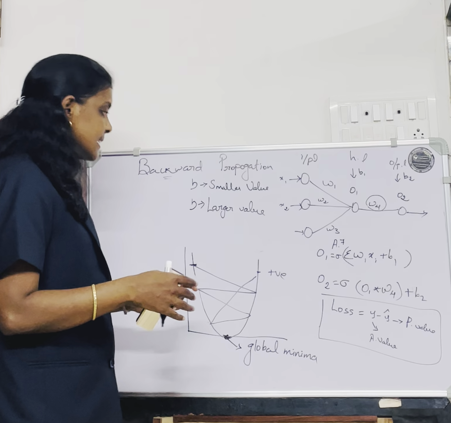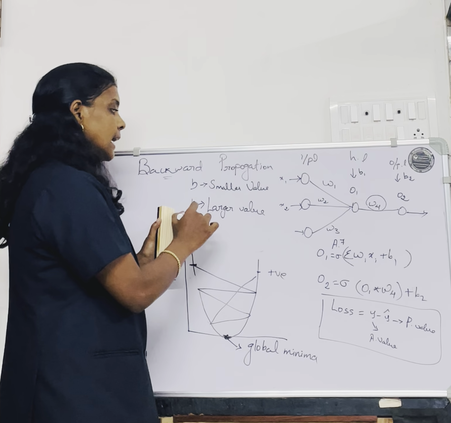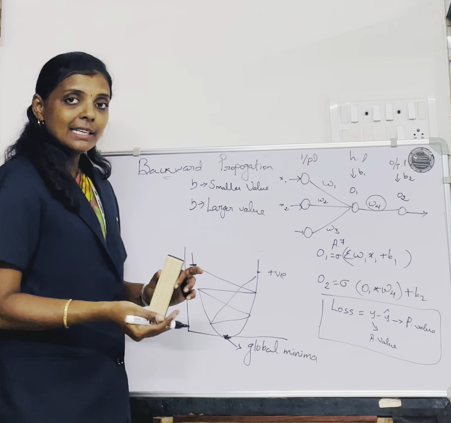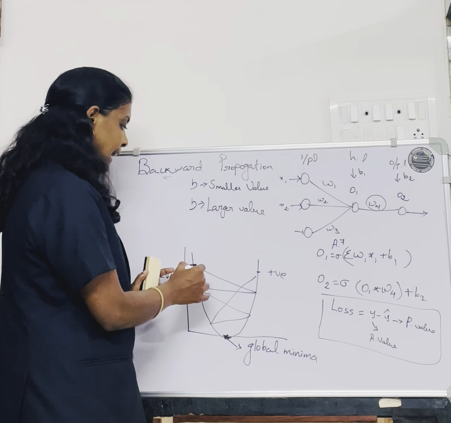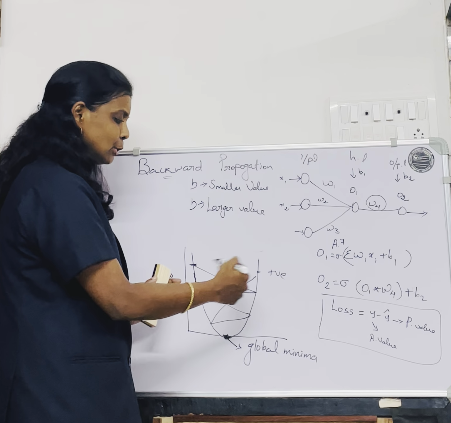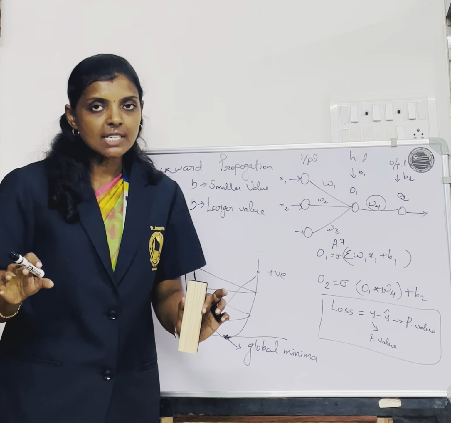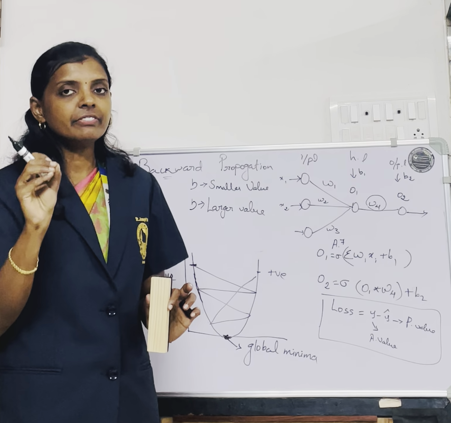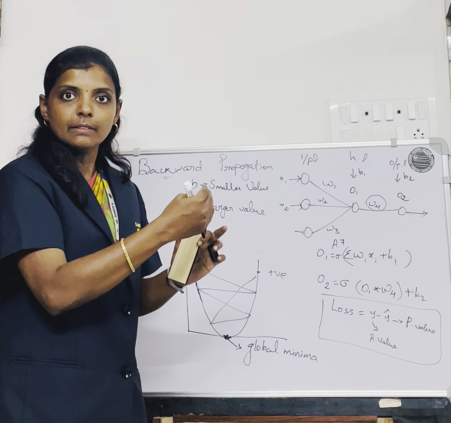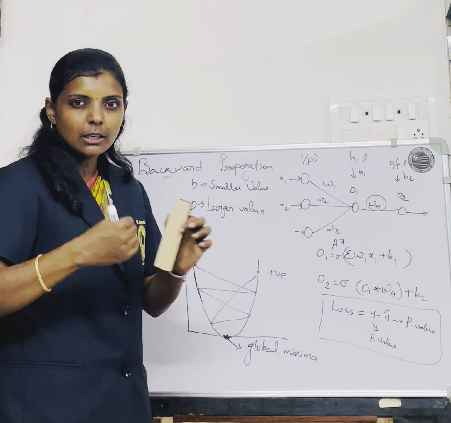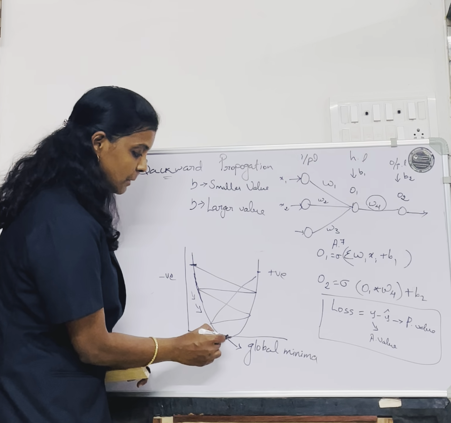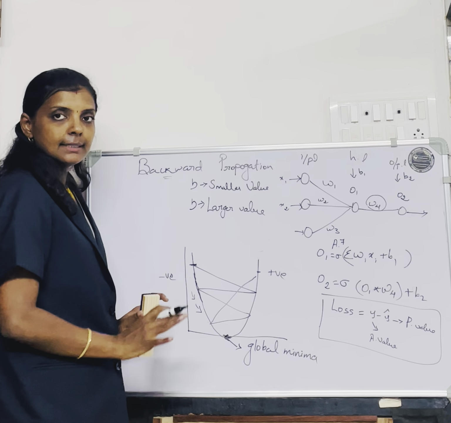If we select a larger value of learning rate, maybe sometimes that value will not reach the global minima. It will move here to there. So a better choice is to use a smaller value of learning rate. Then only our predicted value will move in smaller steps and reach the global minima. This is our target. Okay.